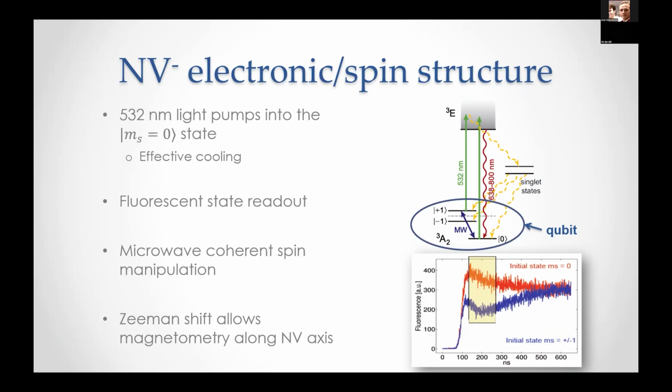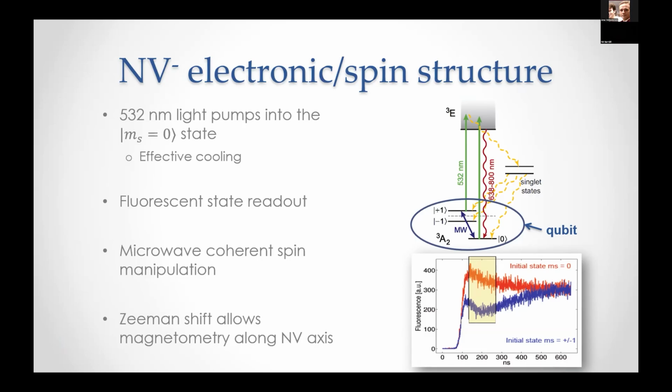In addition to that, the fact that 0 stays at 0 and plus minus 1 has a probability of relaxing back to 0 allows us to initialize this spin degree of freedom of the NV just by shining light on it for enough time. And this is just an example of the fluorescence we measure out of the NV as a function of time, where we turn on this green light.